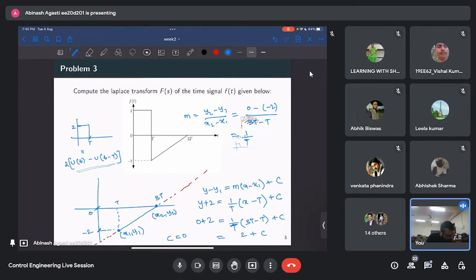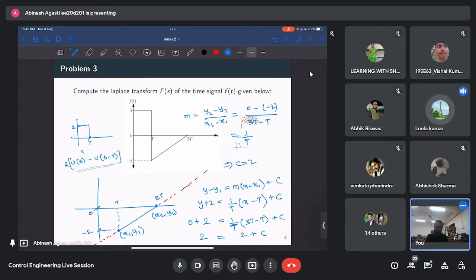Am I doing it correctly? 2t by t. Yeah, this is correct. 2 equal to 2 plus c, so c is equal to 0, right? Yeah, correct. So everyone is clear with how we found the equation for the line, right?